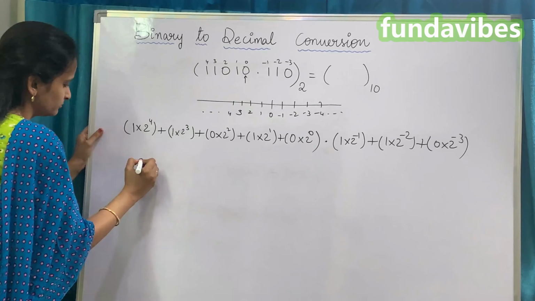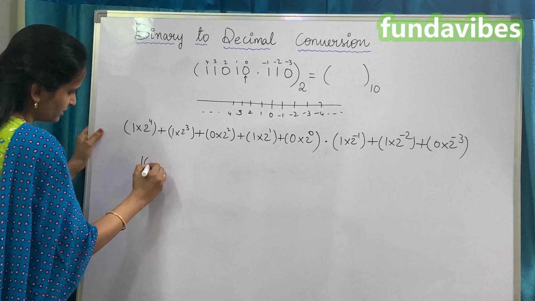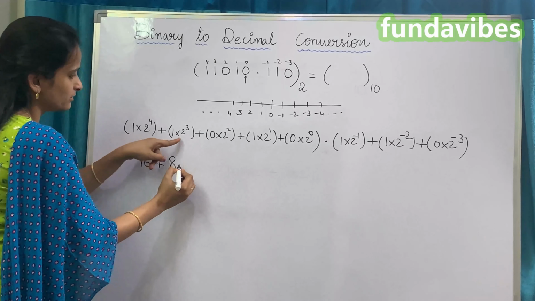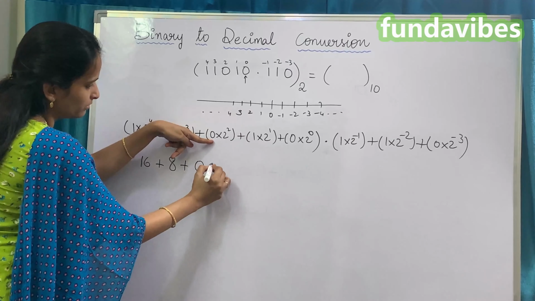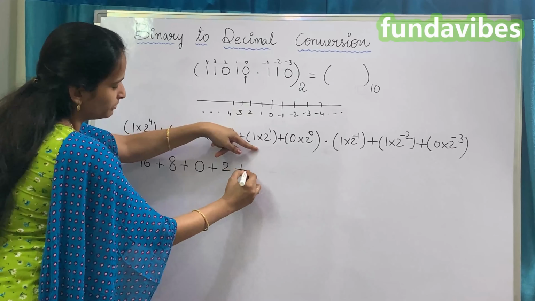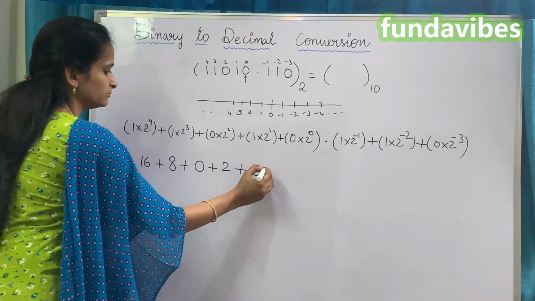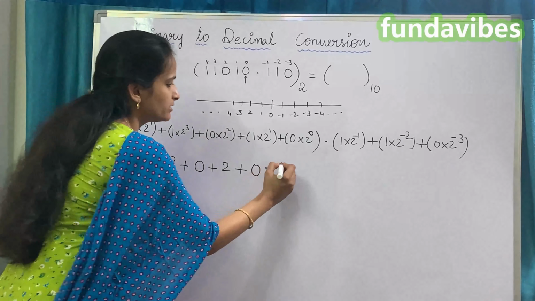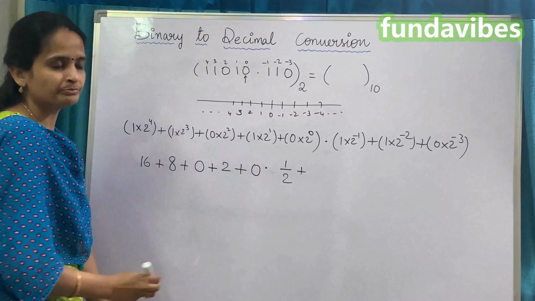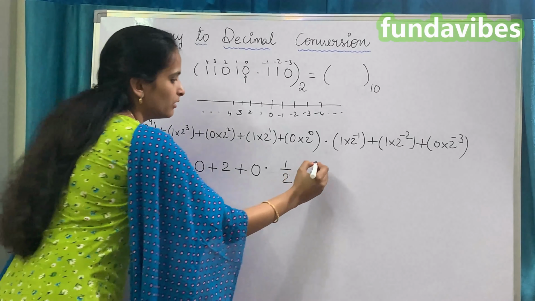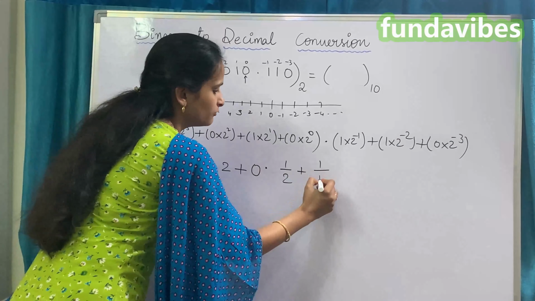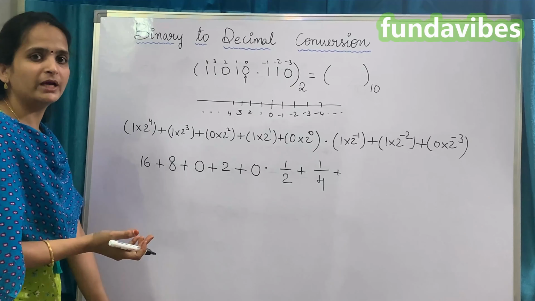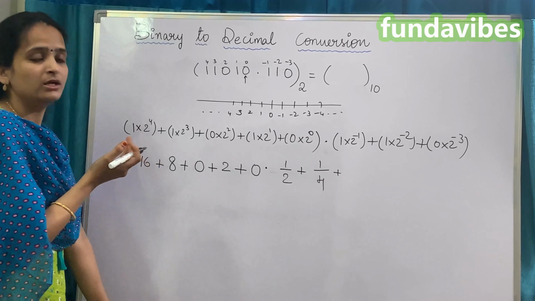Now 16 plus 8 plus 0 plus 2 plus 0. Point. 1 into 2 power minus 1 is 1 by 2 plus 1 into 2 power minus 2 is 1 by 2 square. 2 square is 4. So 1 by 4 plus here it is multiplied with 0. 2 power minus 3 is multiplied with 0. So obviously the answer will be 0.